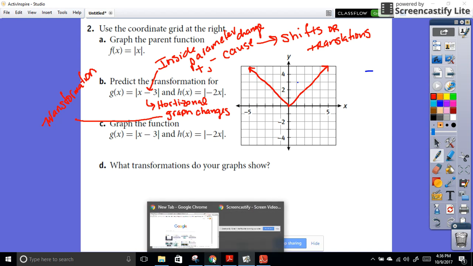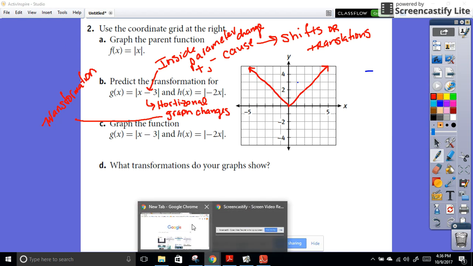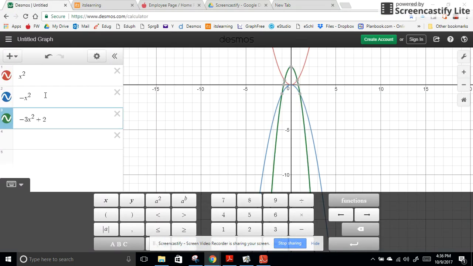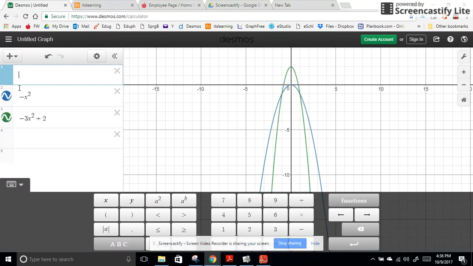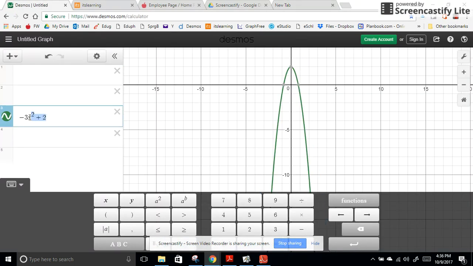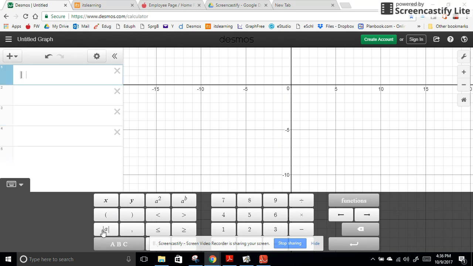If we go over to Desmos real quick and we type in the absolute value of x and we put minus 3 in there with it, look what it did. It did not make it go left. It made it go to the right.